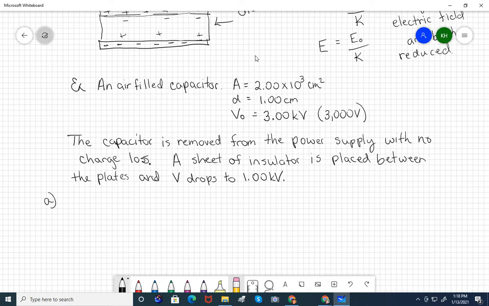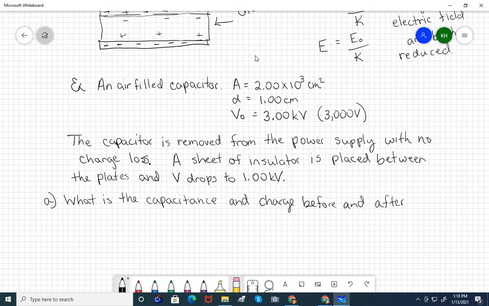First question. What is the capacitance and the charge before and after the dielectric is inserted?